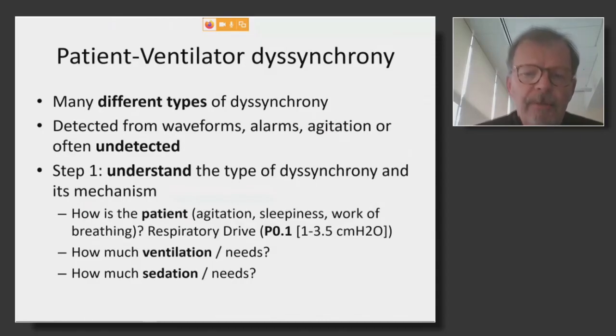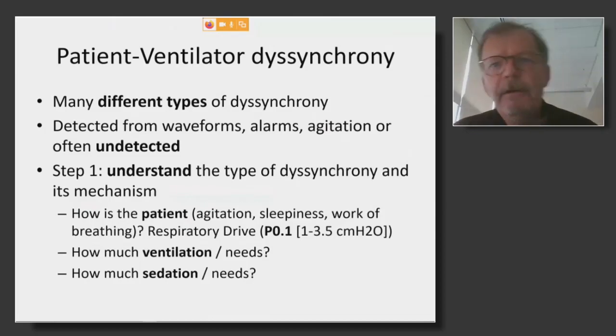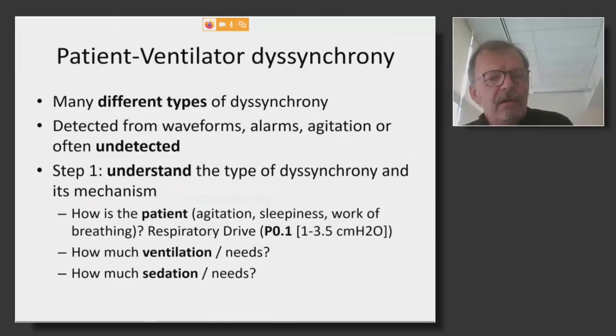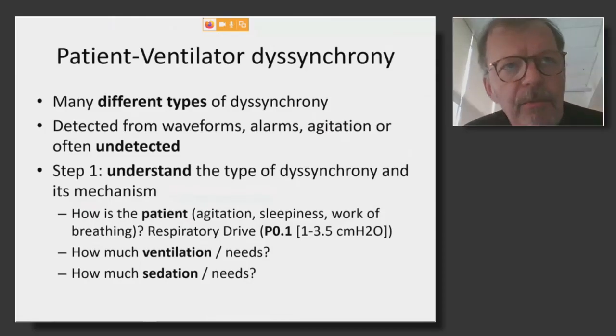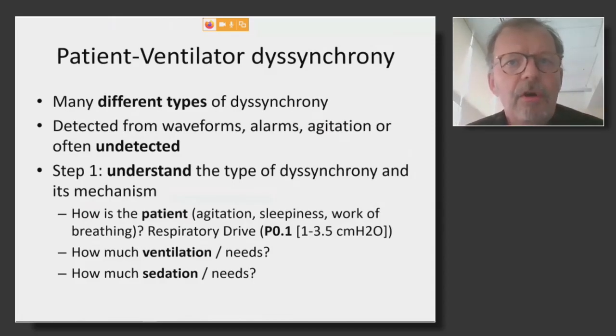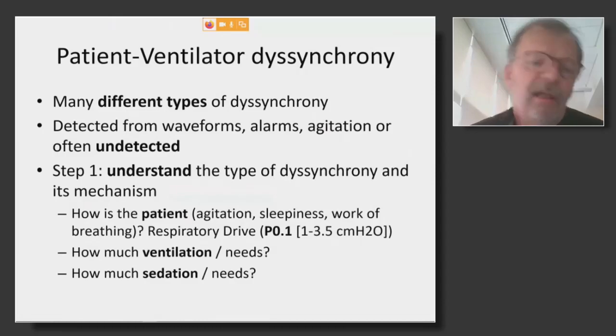Second question, how much ventilation do I give with regard to the patient's needs? Do I give too much or not enough? And third question, how much sedation is this patient receiving? Too much or not enough?